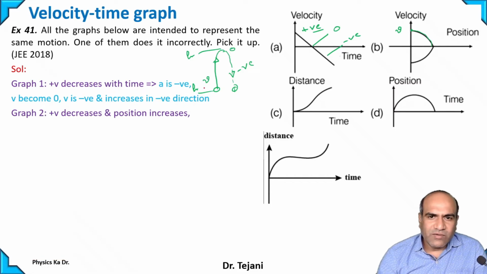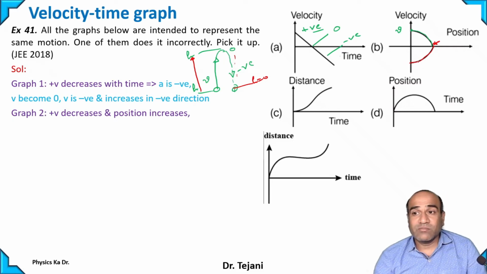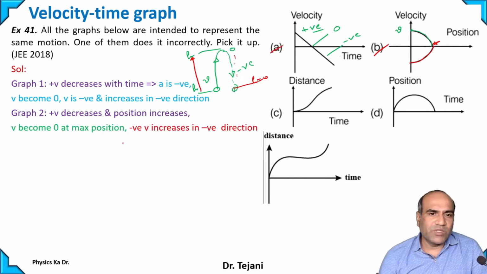Velocity becomes 0 where position is maximum. Then velocity increases in the negative direction as it goes down, until h is 0. So B is correct, A is also correct. There is no issue with A and B.